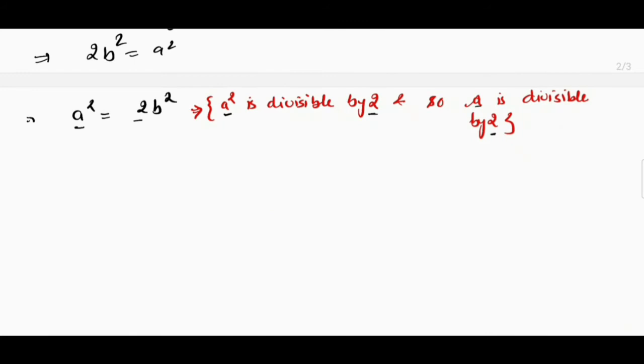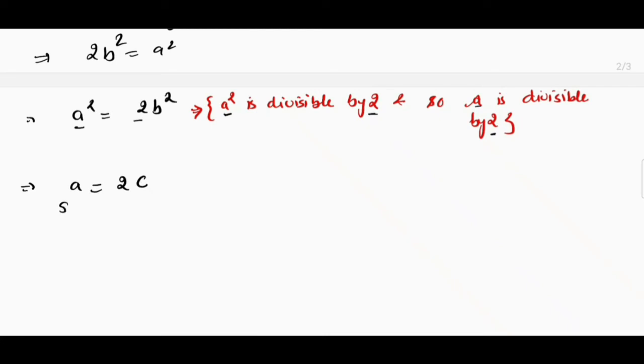And this statement I have taken from the theorem which I have explained to you before starting the proof for the irrationality of square root of 2. So I can write this as a is equal to 2c, where c is any integer.